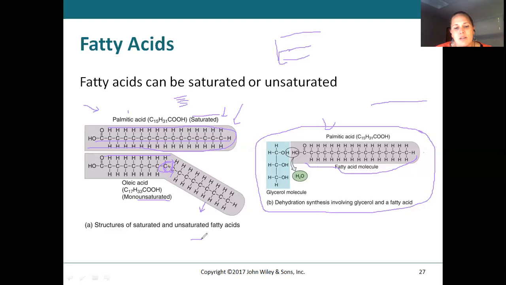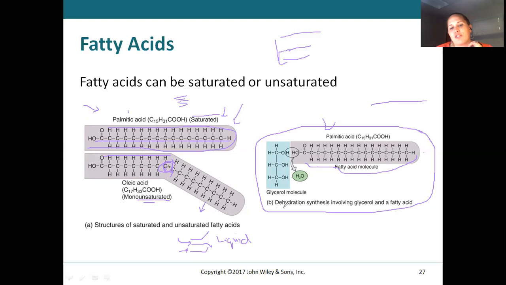Versus unsaturated fats, where you've got these kinks occurring, right? Because of these kinks, there are much greater spaces between those legs, and because of those greater spaces, they're actually liquid in nature. So if you think about oils, oils are types of unsaturated fats versus butter, which is a saturated fat. So it's a good example of the difference between saturated and unsaturated fats.